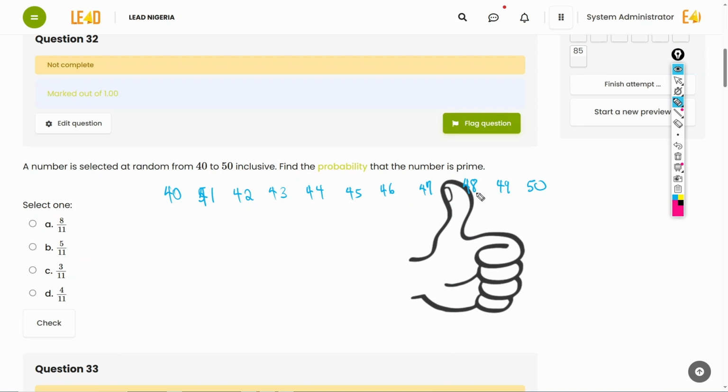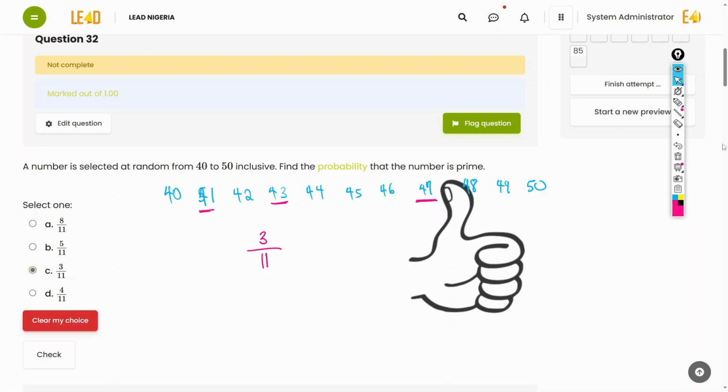We have 47, 43, and 41. Those are the 3 prime numbers. So there are 3 prime numbers there, and the set is 11. If you count them, there are 11 numbers between 40 and 50 included. So 3 out of 11.